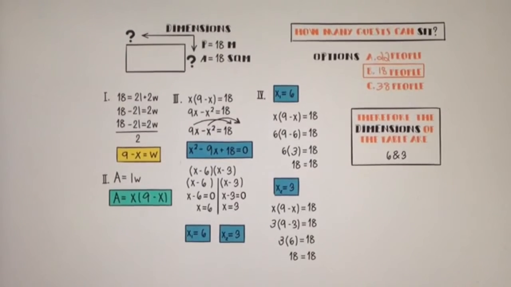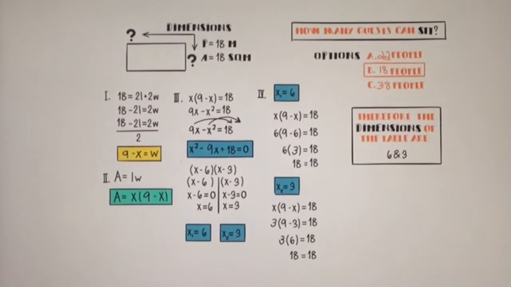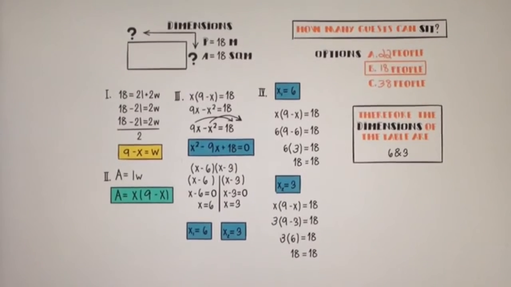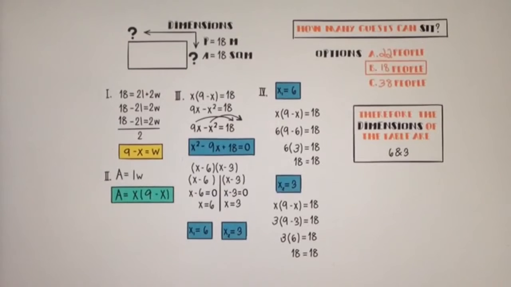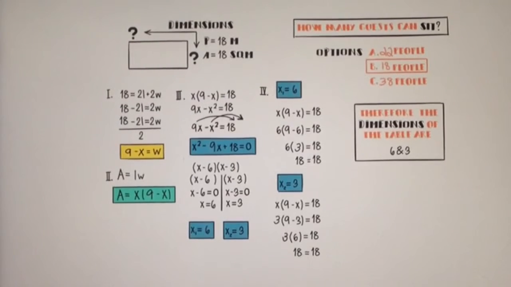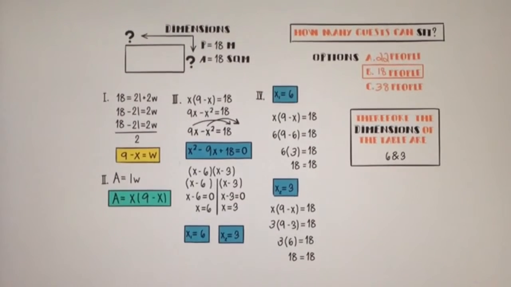Now we check. So the first value is 6, so 6 times 9 minus 6 equals 18, and that would mean 6 times 3 equals 18, and that would give us 18 equals 18. Now the second value is 3. X times 9 minus x is equal to 18, so substitute it.